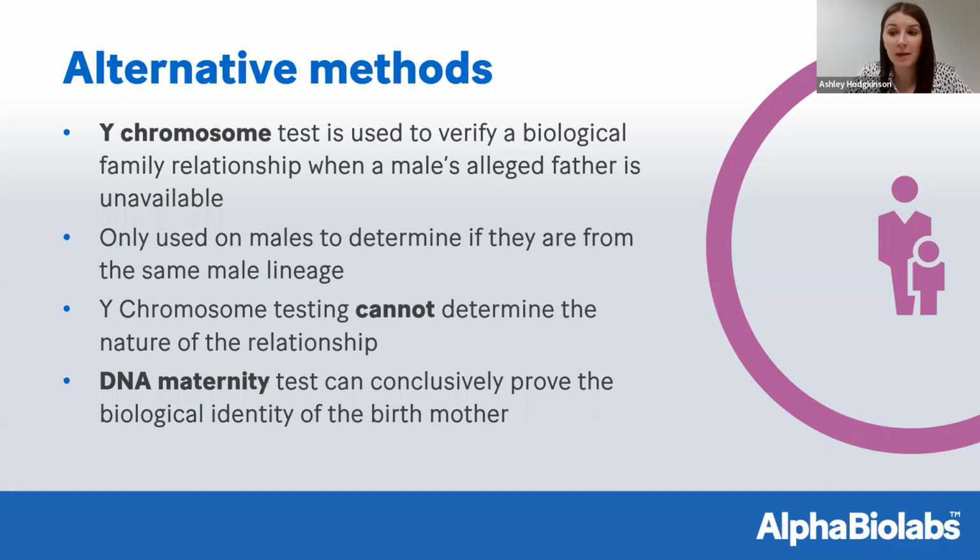It's only prevalent in males, so if they were related through the mother's family, this wouldn't work. It must be through the alleged father or the father's family. And it's not going to tell you the exact relationship. It won't state that they are cousins, but it will show whether or not they are from the same paternal line.